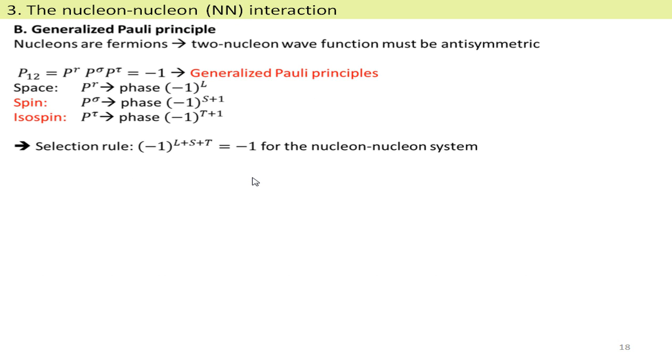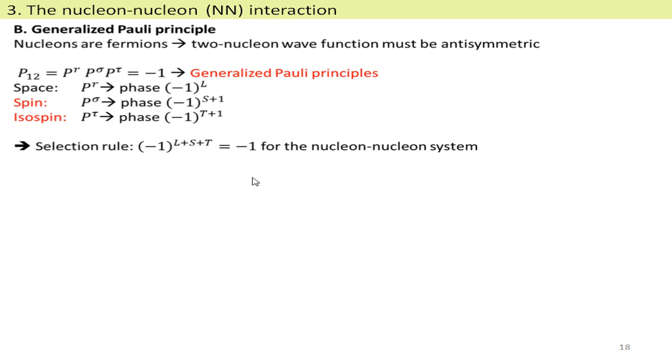So what's the consequence of that? The consequence is what is called the generalized Pauli principle. As we know, the wave function must be antisymmetric, so it means that the product of these three operators should be equal to -1. Okay? Because the total wave function must be antisymmetric.